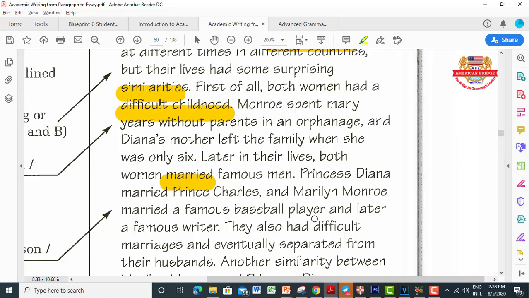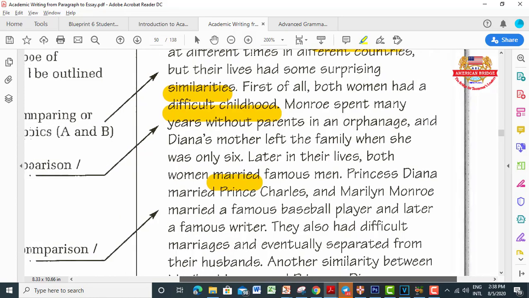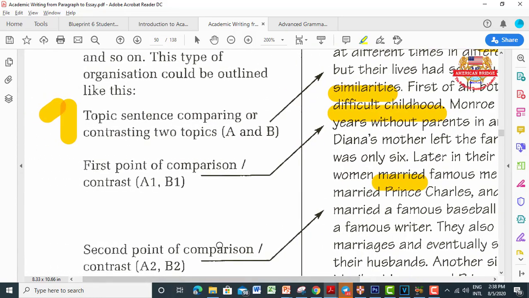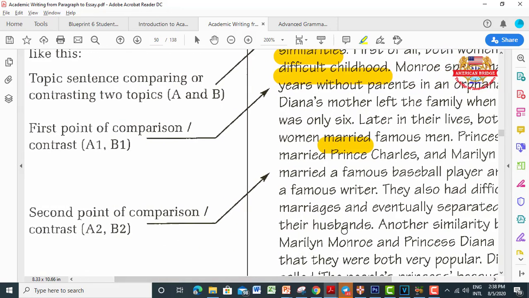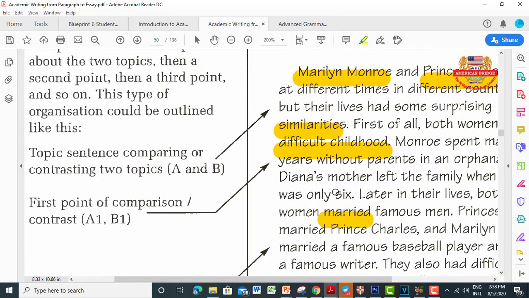So this describes the second point of the comparison between Princess Diana and Marilyn Monroe.